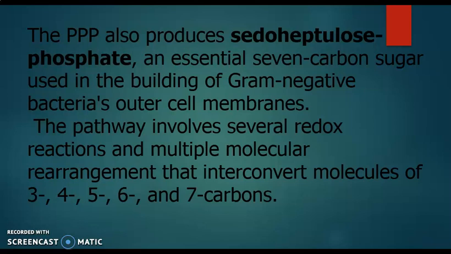So, now coming to the pentose phosphate pathway. The pathway involves several redox reactions and also multiple molecular rearrangements that interconvert molecules of 3, 4, 5, 6 and 7 carbons, within the different types of carbons.